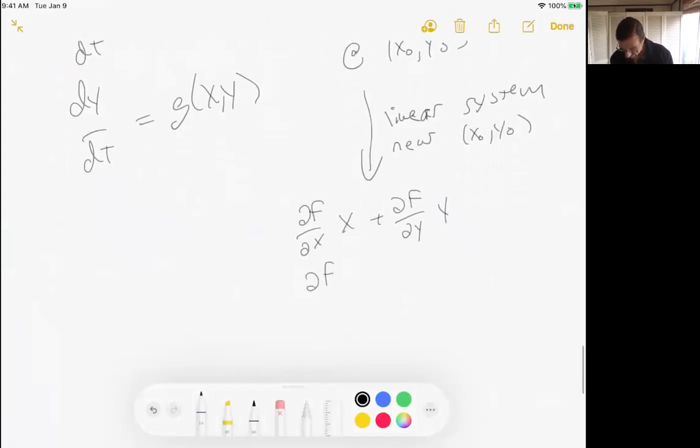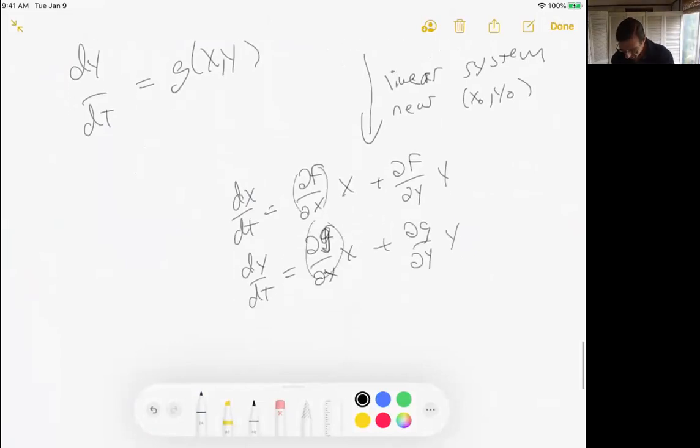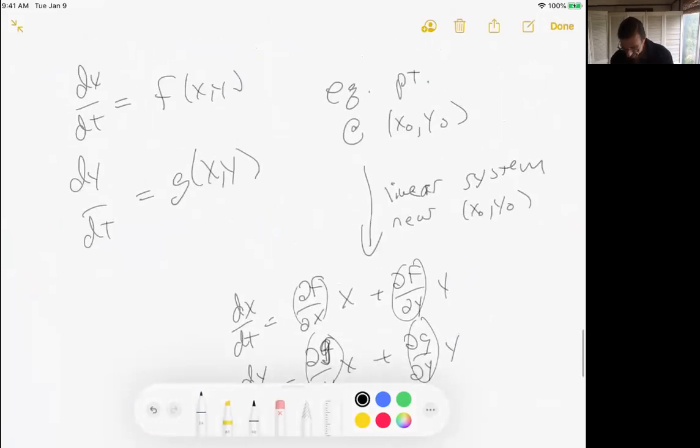The partial of g with respect to x, times x, plus the partial of g with respect to y, times y. This is dx/dt. This is dy/dt. And these partials are just numbers because I'm actually evaluating them at that point (x0, y0). So you find the partial, then evaluate the partial at that equilibrium point, and that becomes the coefficient of x, and the other partial is the coefficient of y.